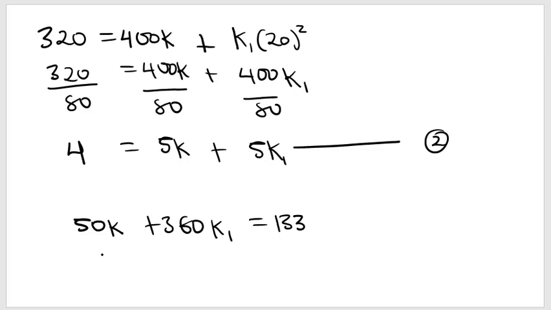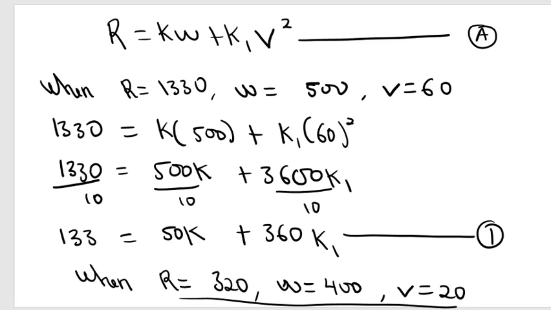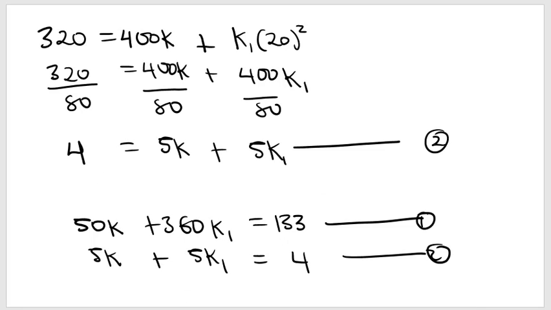Now equation 2, we are having 5k plus 5k1 is equal to 4. So this is our equation 1, this is our equation 2. Now the two equations, we want to solve them simultaneously.